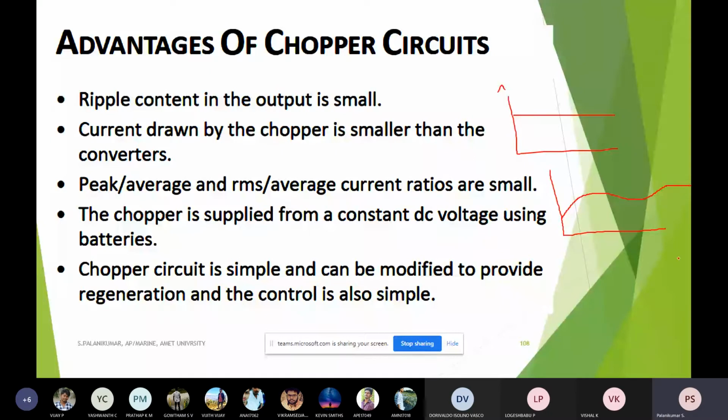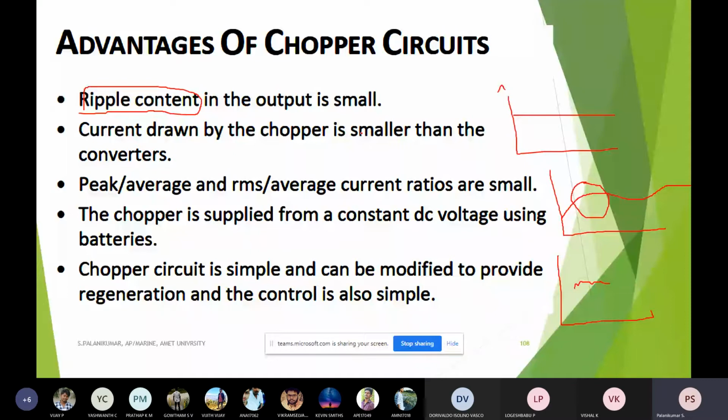At no point will there be a negative cycle. If I magnify a particular region, as I circled here, there will be only small ripples, so it is practically pure DC. So the ripple content in the output of the variable DC is very small.